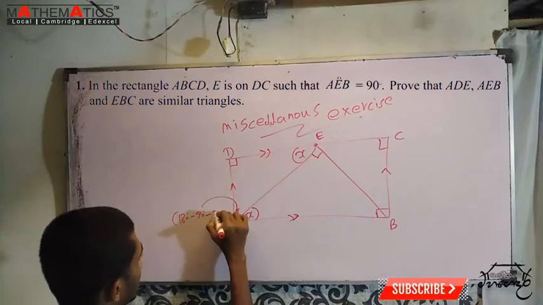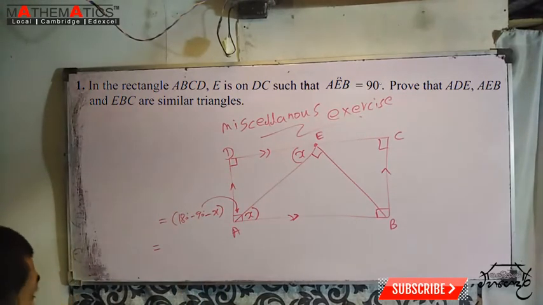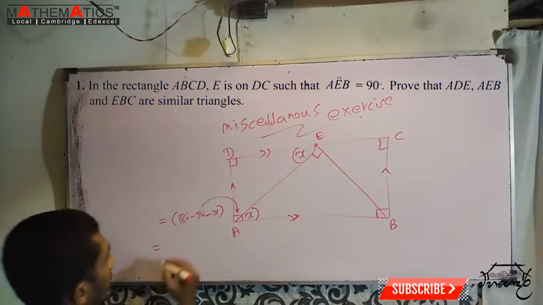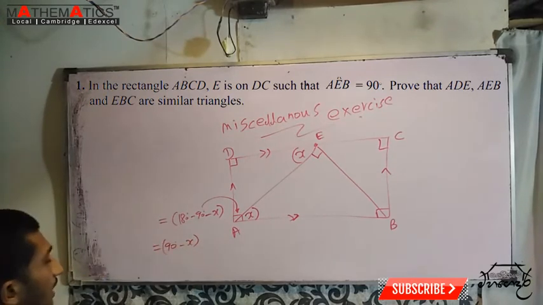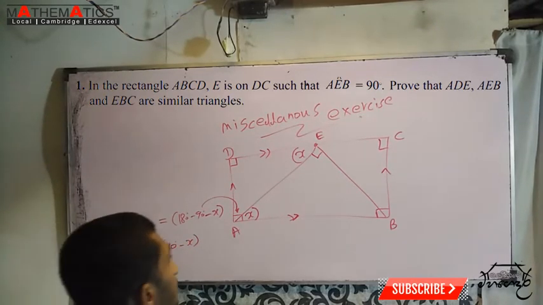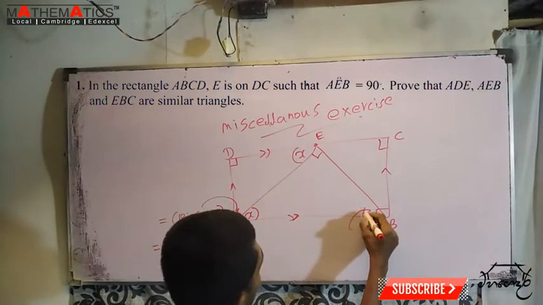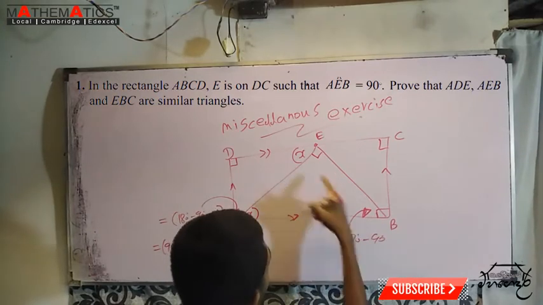The sum of the inner angles of a triangle is equal to 180. After you subtract, you get the answer 90 degrees minus x. And again here, this angle is also equal to 180 minus 90 minus x, and after subtracting 90 from 180, it is 90 minus x.